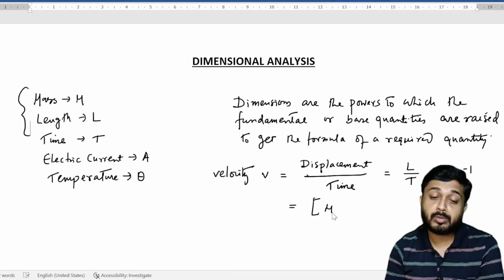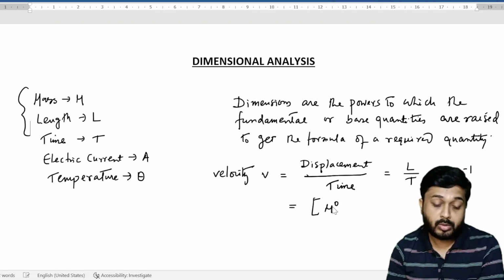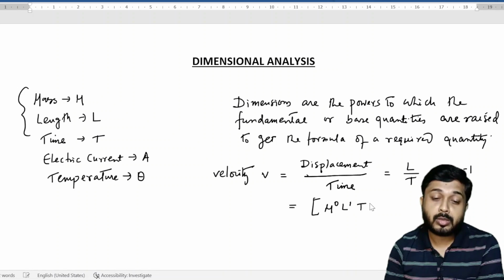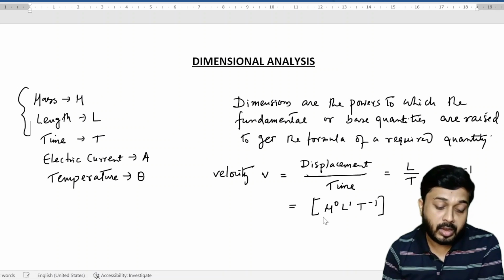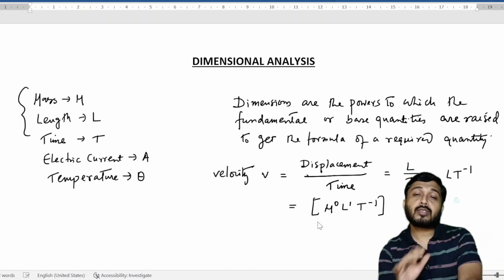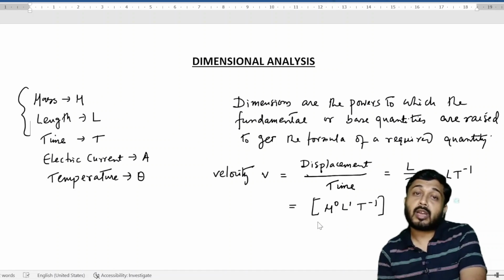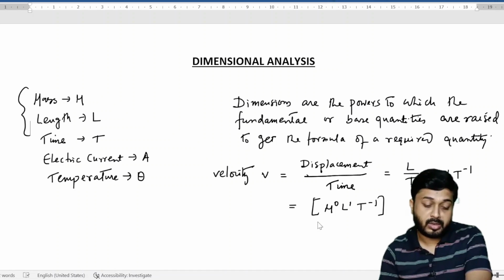Since M is not here, we shall write M to the power 0, because M to the power 0 is nothing but 1. M to the power 0, L to the power 1 and T to the power minus 1. That is how we denote the dimensions. The basic three quantities M, L and T have to be written in the dimensions of each physical quantity. Keep it in mind.